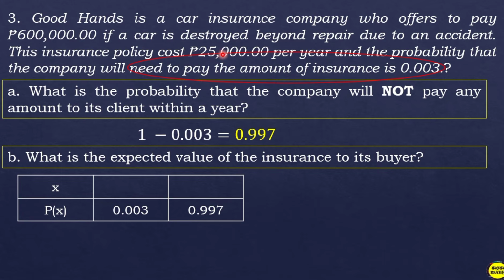Okay, per year. The corresponding probability that they pay 25,000 is 0.003.